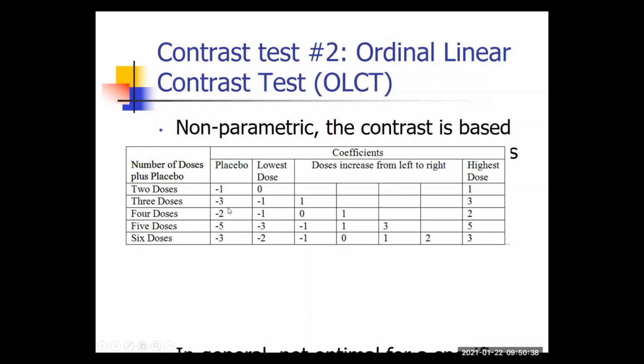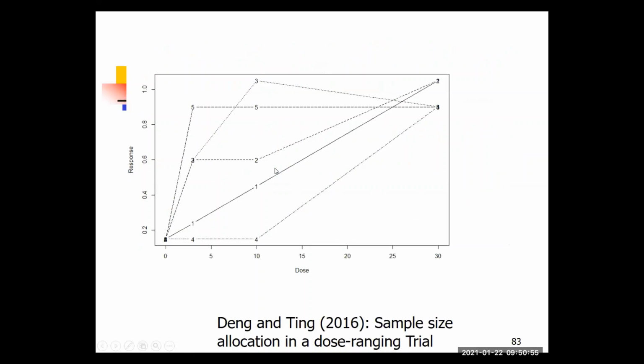Now, what I just showed you earlier was -3, -1, 1, and 3. If you have 3 doses, 4 doses, -2, -1, 0, 1, 2. 5 doses, -5, -3, -1, 1, 3, 5. So these are the coefficients. So I don't have to calculate all those fancy coefficients. And so here's some simulation that we did.